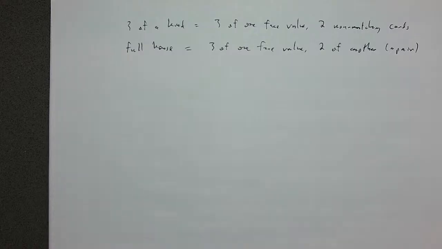So you have 3 cards having the same face value and then 2 cards having the same distinct face value from the first 3 cards. Okay. So then, what if you were trying to think about dealing a full house? What's the number of ways of dealing a full house?